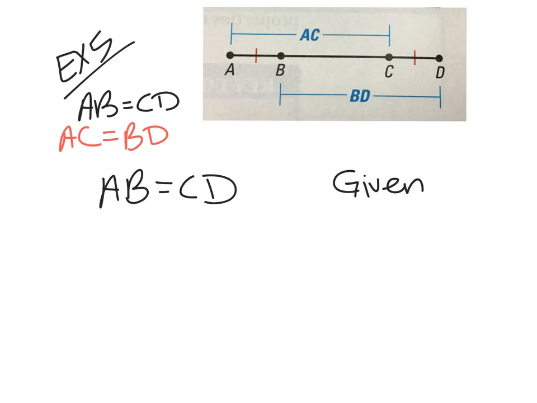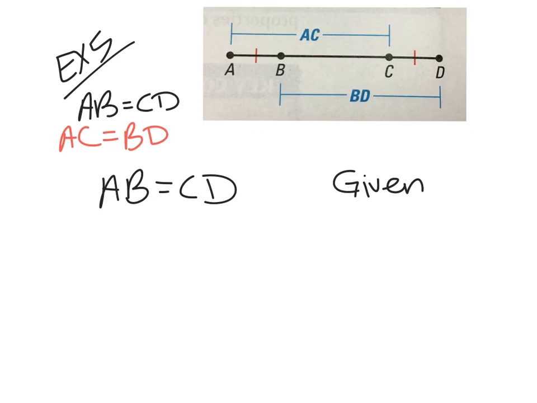All right, so what could be our second step here? Without looking at your books, I know that's hard. So we're trying to show that AC is equal to BD. So we need to get to where we can do a transitive property, I'm assuming, or something along those lines.